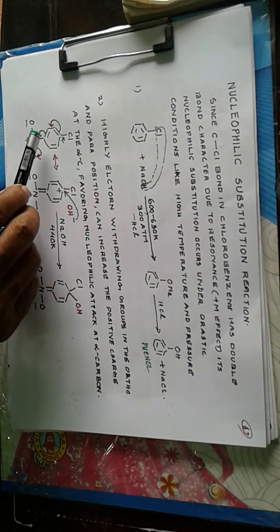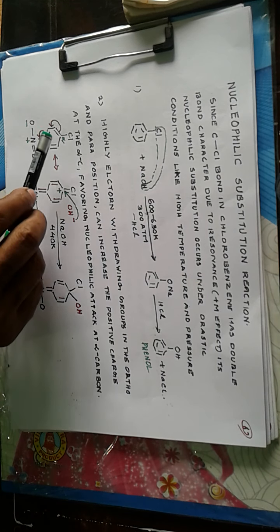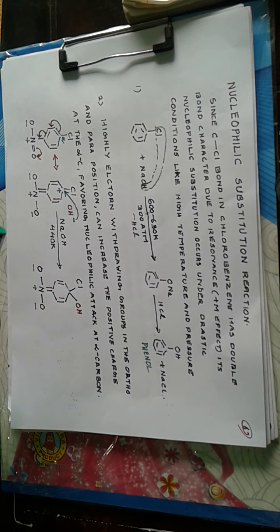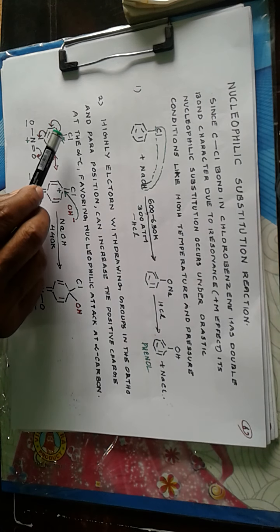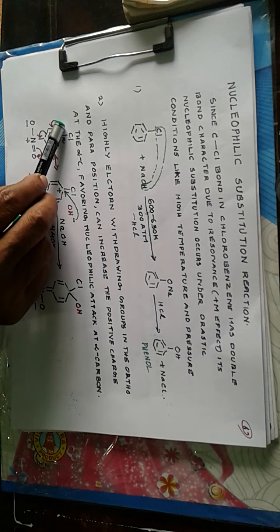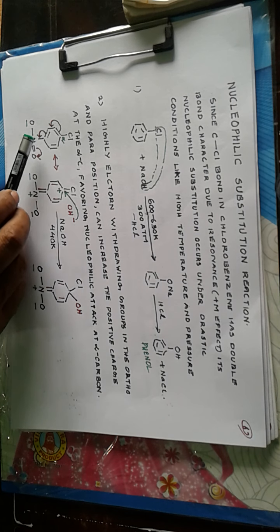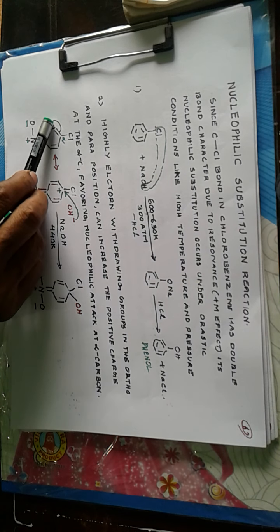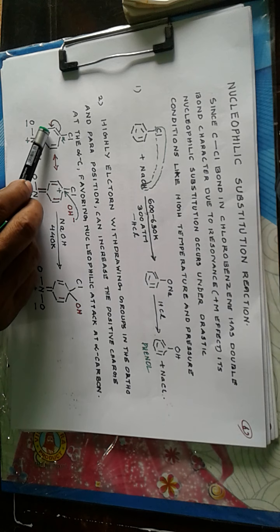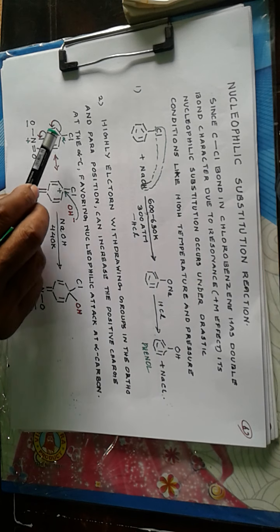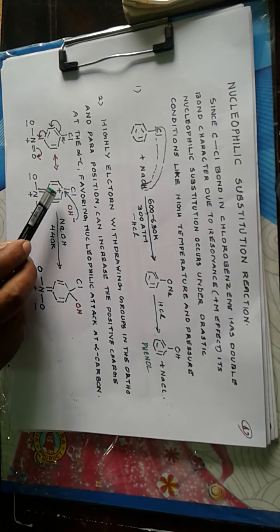Now consider para-nitrochlorobenzene. Now here, due to resonance, the minus M effect of the nitro group, this pair of electrons moving in this direction, and simultaneous movement like this and like this, creates a positive charge at the alpha carbon.